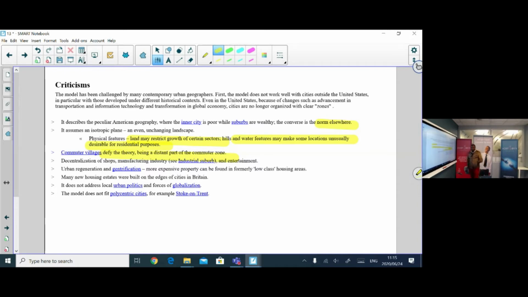We all know that even nowadays, in our context of cities, you may find more expensive property in areas that used to be considered low class, like Soweto. You can find that there are now malls there that are actually expensive spaces.